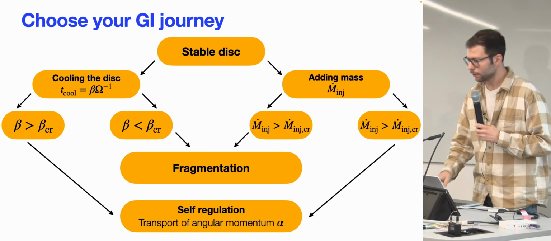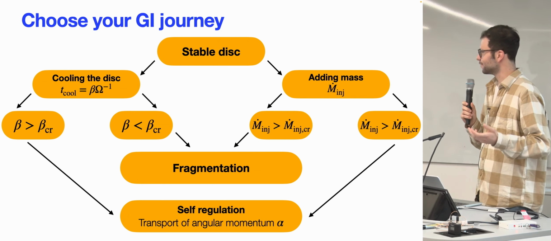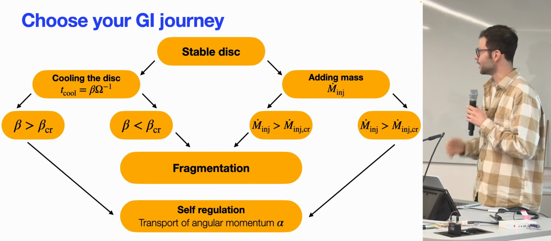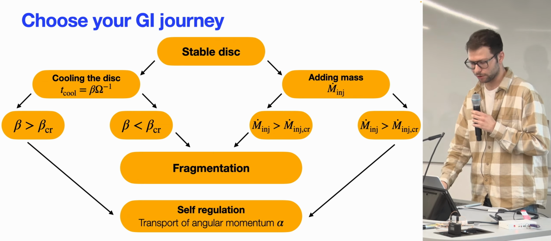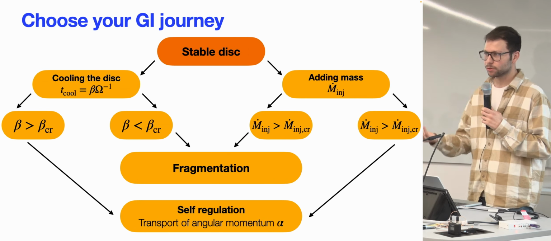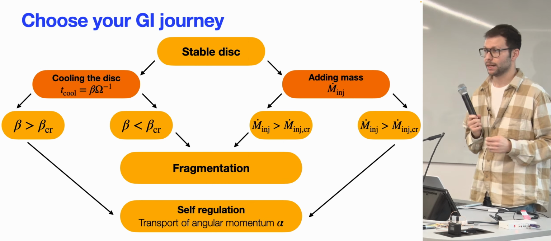Okay, so this is just a schematic view of the outcome of gravitational instability, and I'm going to guide you through this journey. If we start with a stable disk and we want to trigger gravitational instability, we can either cool the disk or add mass.